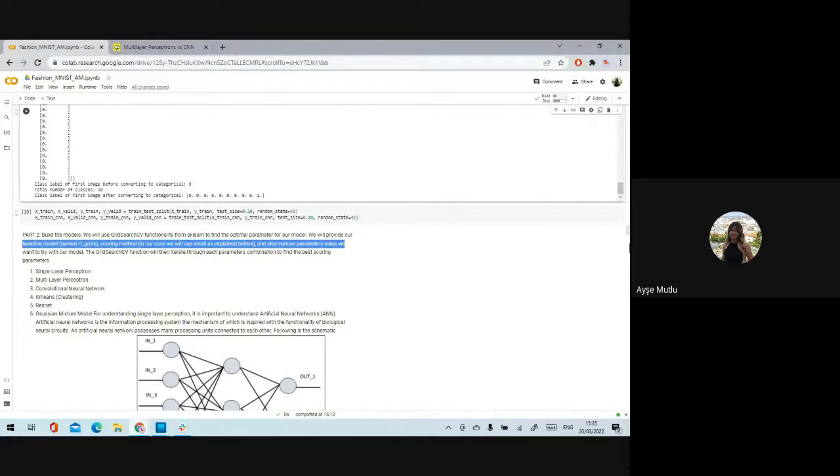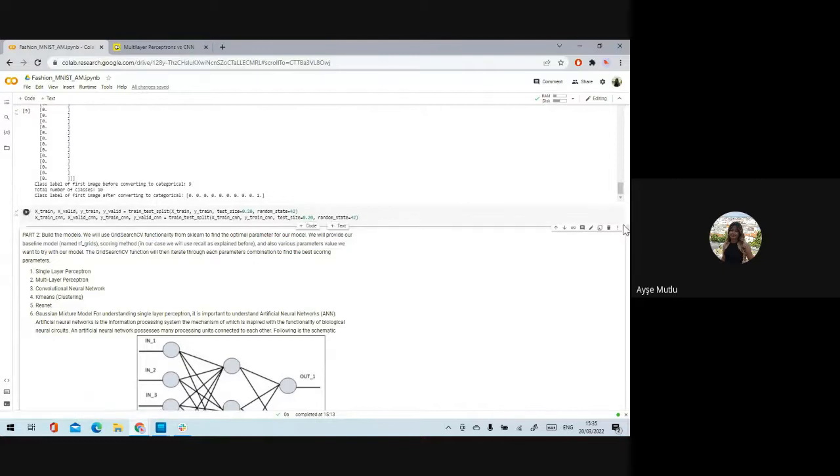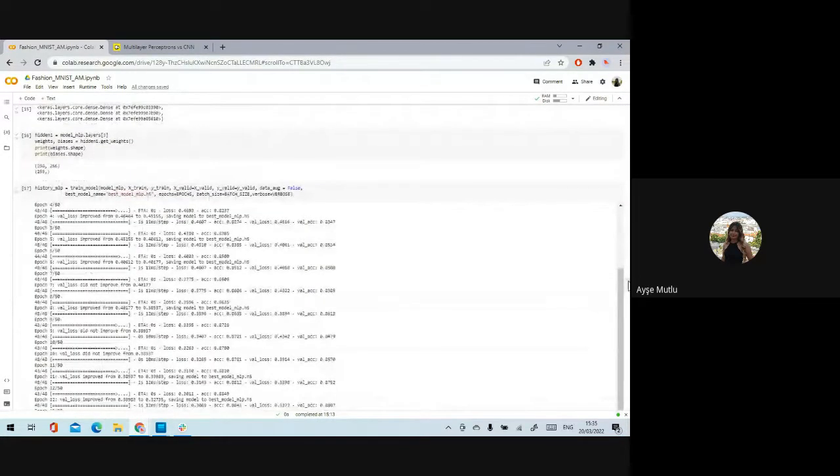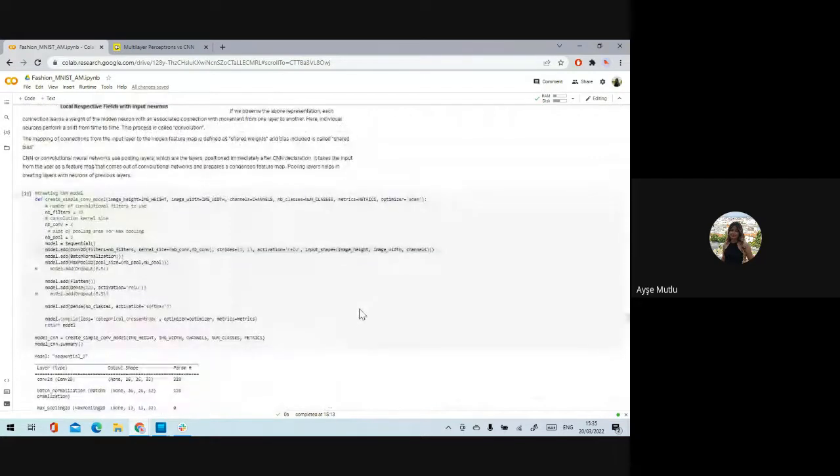So we load the data sets. Here was the definition of the function.